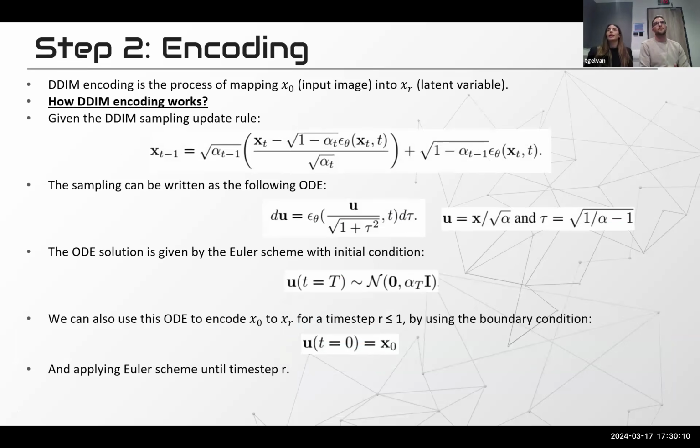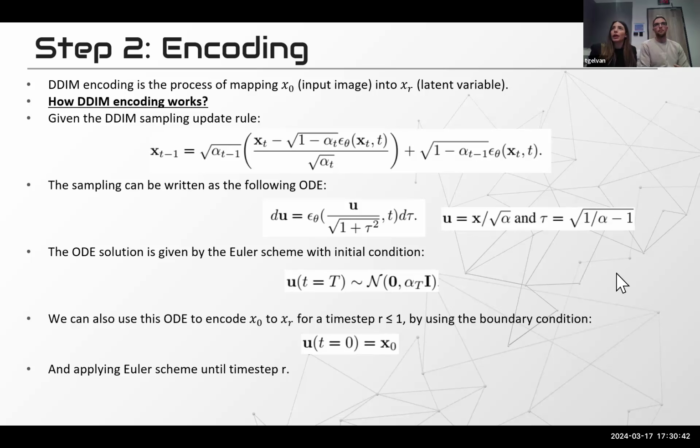Okay, so let's dive into the second step of this architecture, which is the encoder. DDIM encoding is the process of mapping the input image into the latent space. We are all familiar with DDIM as a decoding scheme, and here we present to you a new procedure of DDIM sampling, which is actually a reverse step of the traditional DDIM.